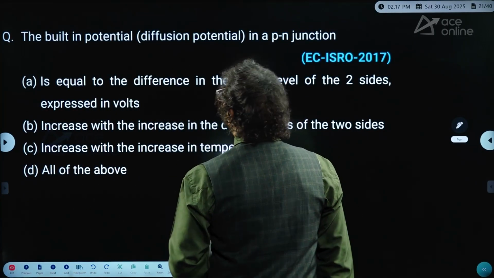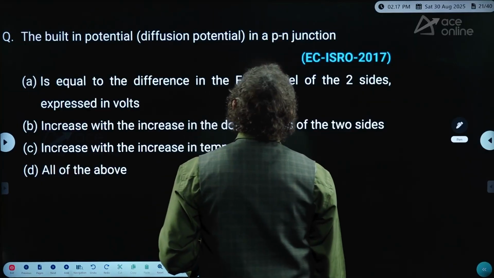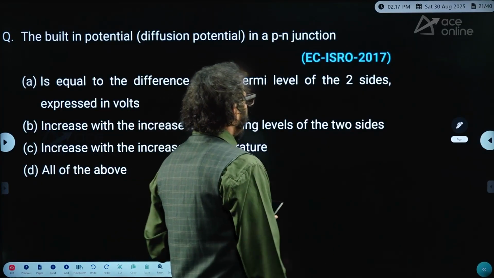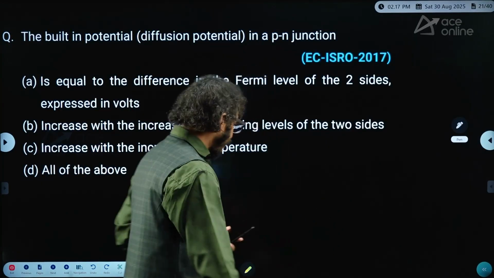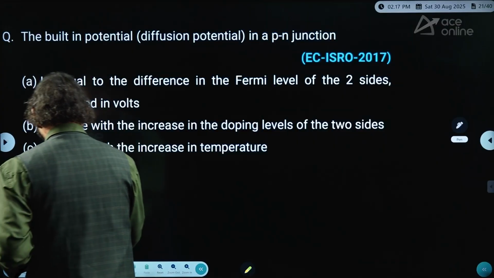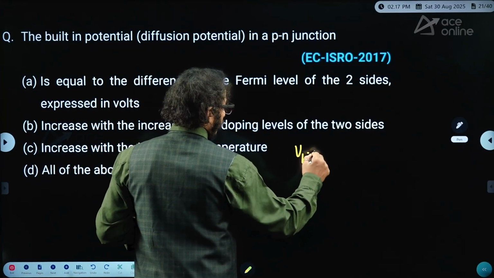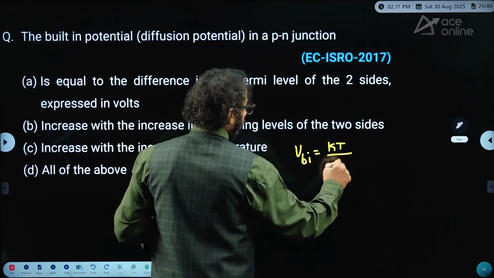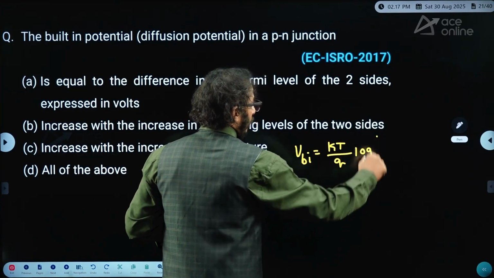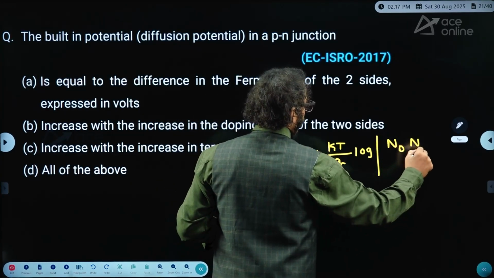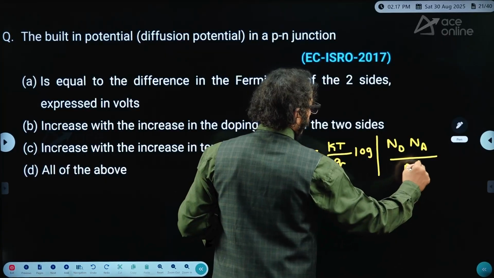The built-in potential or diffusion potential in a PN junction. Hope you have remembered the built-in potential. This is the formula: built-in potential equals KT by Q log of ND NA by Ni square.